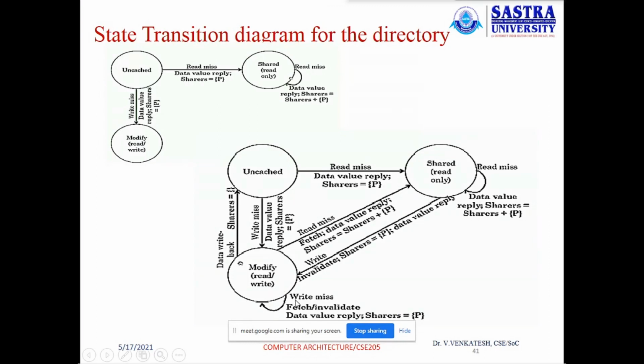For example, if that particular block is already in modified state, it will invalidate. Whatever that memory block is, it is going to be invalidated, and then we are going to place the value. Due to some computation, that particular state is going to be in modified state. So I will invalidate that particular memory block, and then I will place those messages onto the interconnection network. So that is the case: invalidate the channel.